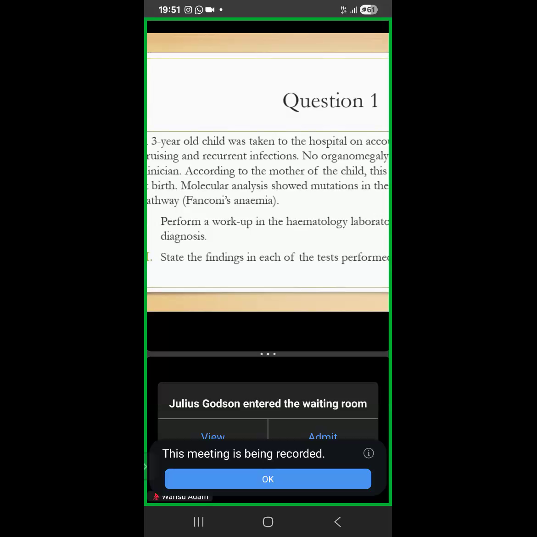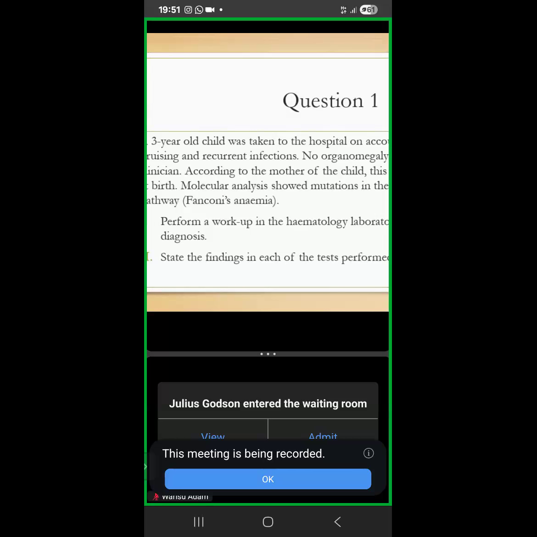If we begin to understand these things, that is where we can make a diagnosis. But if we don't understand some of these things, making a diagnosis becomes very difficult. Otherwise, all we'll be doing is describing red cells, white cells, and platelets, and then we end there.